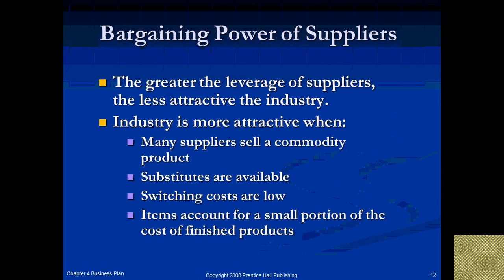Many suppliers sell a commodity or product, so we want to ensure that there is more than one supplier for our product. If we have only one supplier, what happens if we're unable to get our product from that supplier? What happens when our supplier thinks that he is almighty?